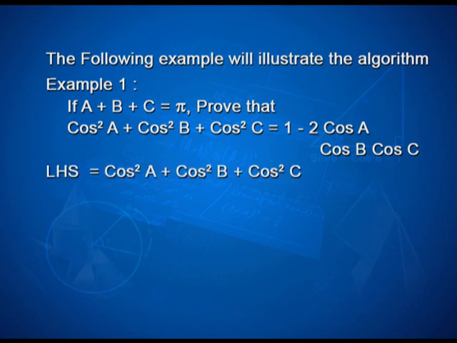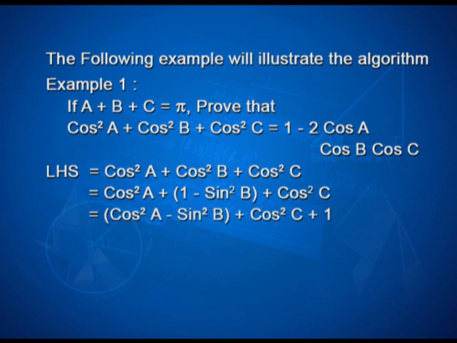Taking LHS as cos square A plus cos square B plus cos square C, we can write this as cos square A plus 1 minus sin square B plus cos square C. Now, clubbing this cos square A and sin square B, we can write as cos square A minus sin square B plus cos square C plus 1.